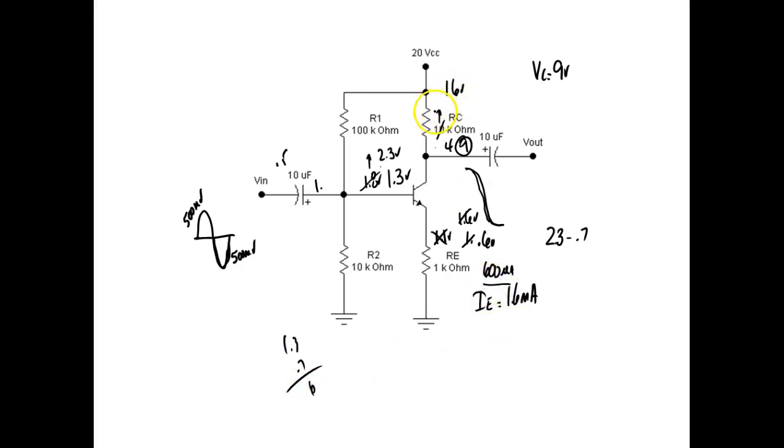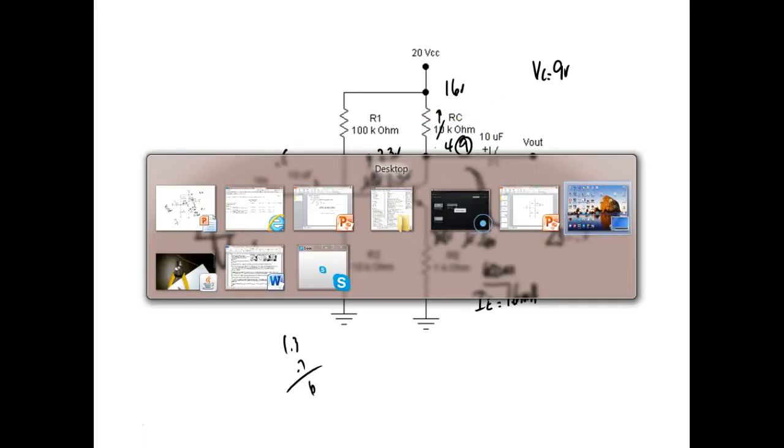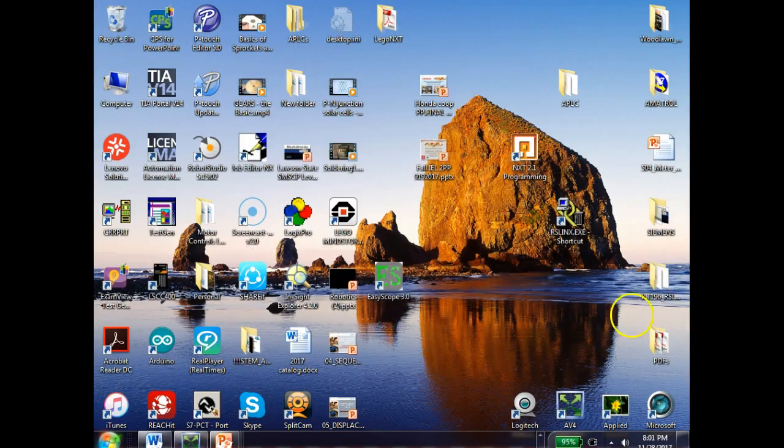So what's this guy going to drop? 10K, 600 microamps, how many volts is it going to drop? Come on, guys. 10K, 600 microamps. I haven't lost something, have I? Y'all sure are being quiet back here.